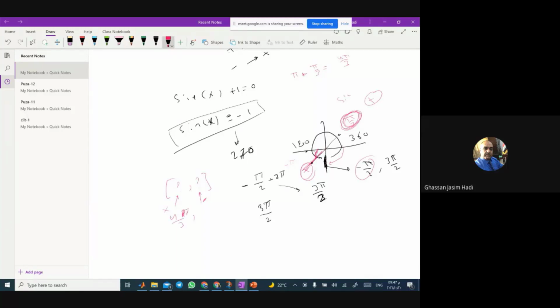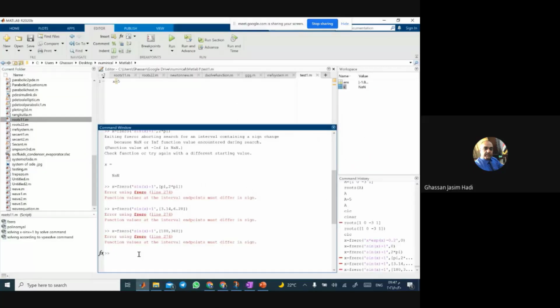This is our interval, and pi over 3. We will take this interval, 4 pi over 3 and pi over 3.